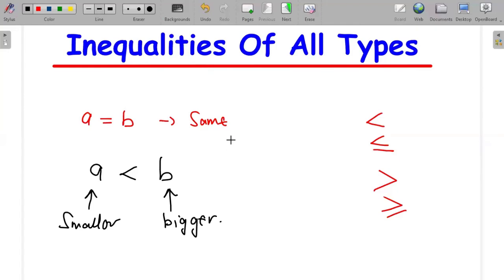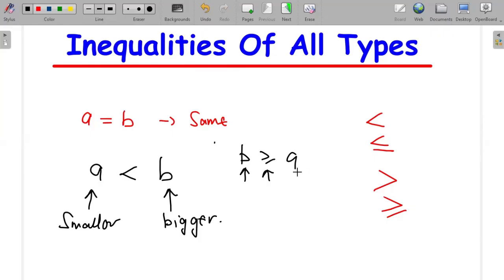If again I write maybe B is greater than or equal to A, this simply means that this B can be the same as A, or any number that is bigger than A. That's what this greater than or equal to means.